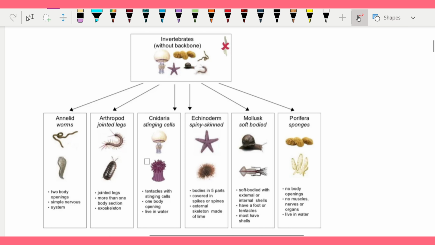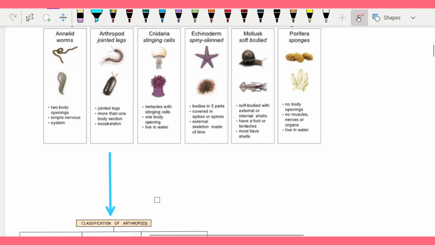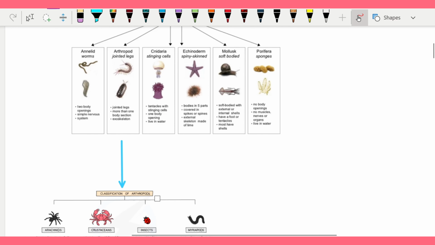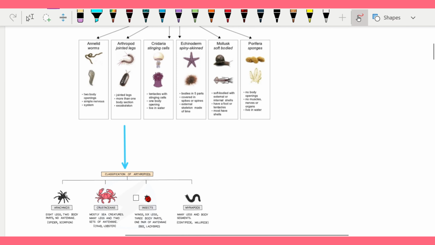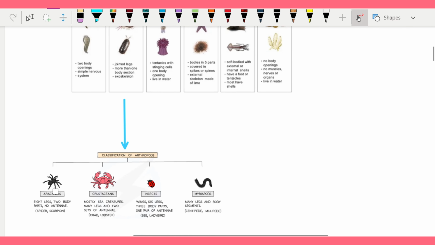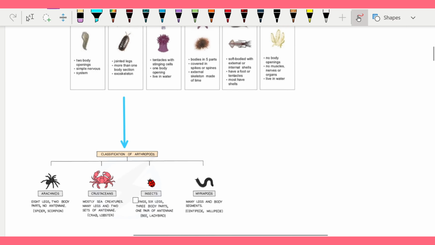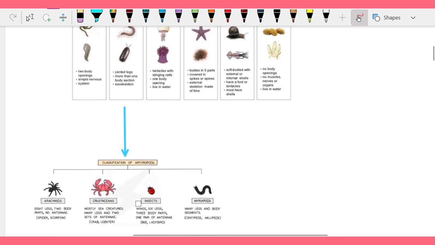Cnidaria is a jellyfish. Echinoderms, starfish, mollusks, snail, and sponges. In here, this is the example. And again, arthropod is divided into arachnids, crustacean, insects, and myriapods. So these are all the invertebrate.